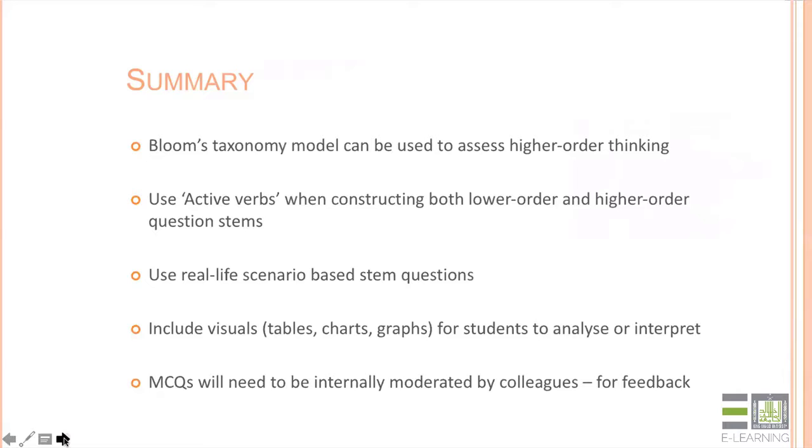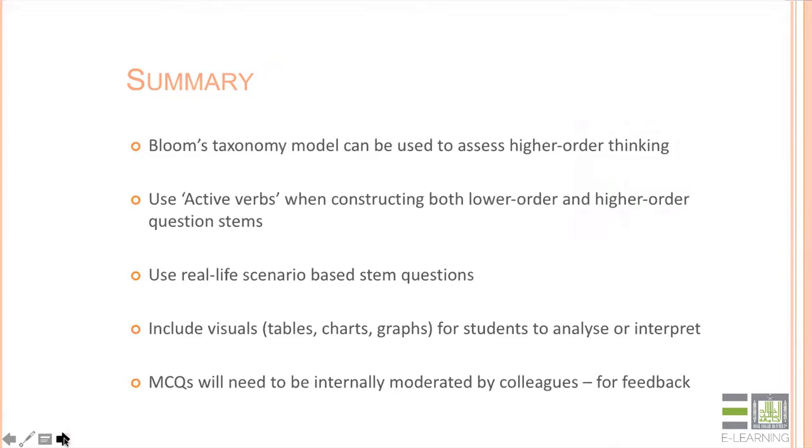And to summarize, Bloom's taxonomy is a really good model that you can use to determine if you are assessing higher order thinking. Do use active verbs to help you construct lower order and higher order thinking STEM questions. Use real life scenario based STEM questions.